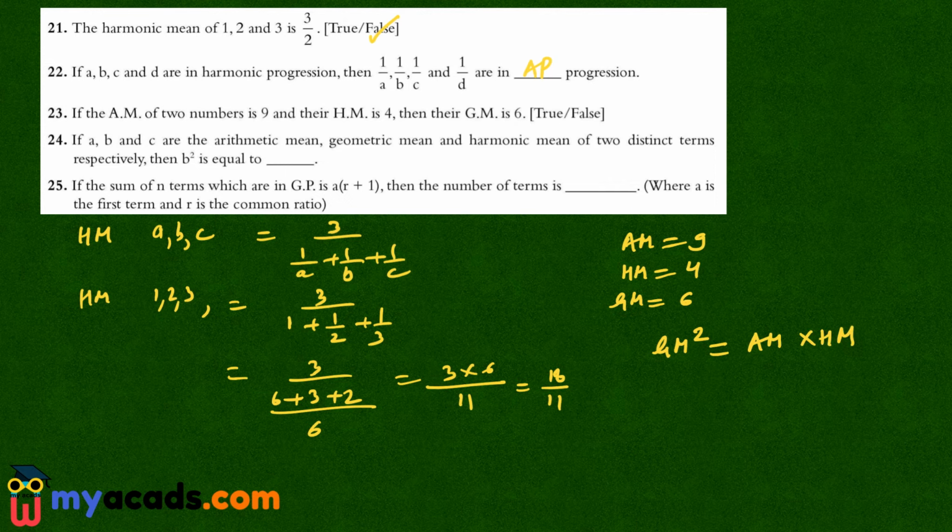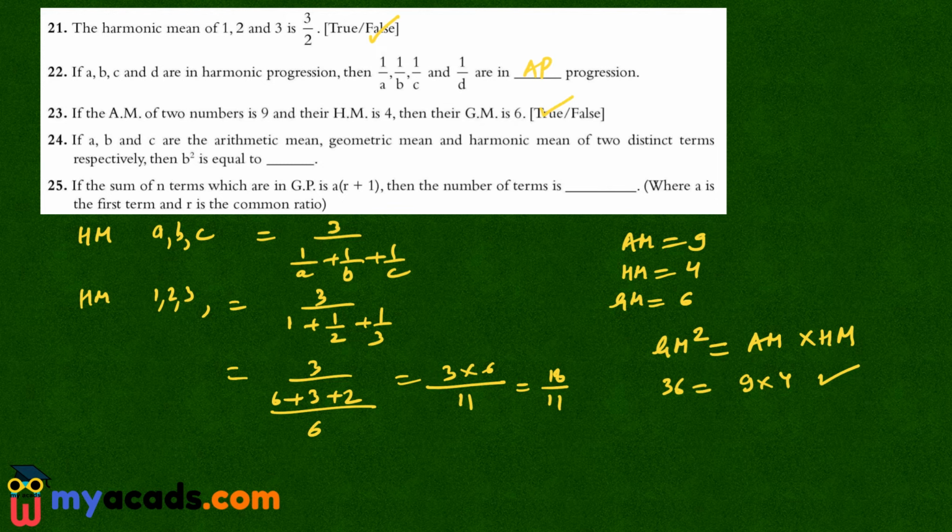This is a standard equation. I should remember it. Now in this question, geometric mean is 6, so 6 square is 36. Arithmetic mean is 9 and harmonic mean is 4. So yes, the equation stands valid. It means that this is true.